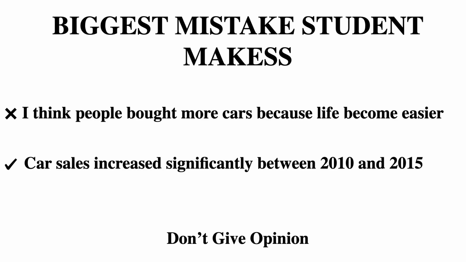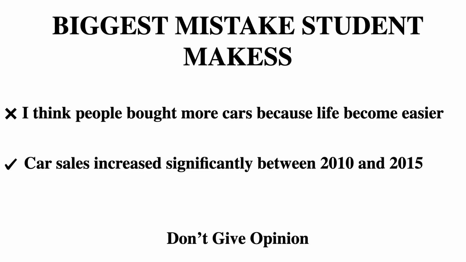Now let's talk about one of the biggest mistakes students make in academic writing task 1. And this mistake can seriously reduce your score. Many students look at the chart or graph and immediately start giving their personal opinions. For example, they begin explaining why something happened, or they start writing what they think about the situation.